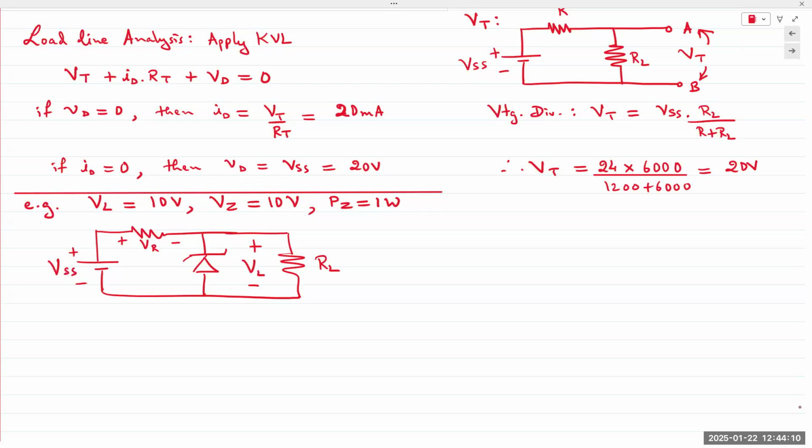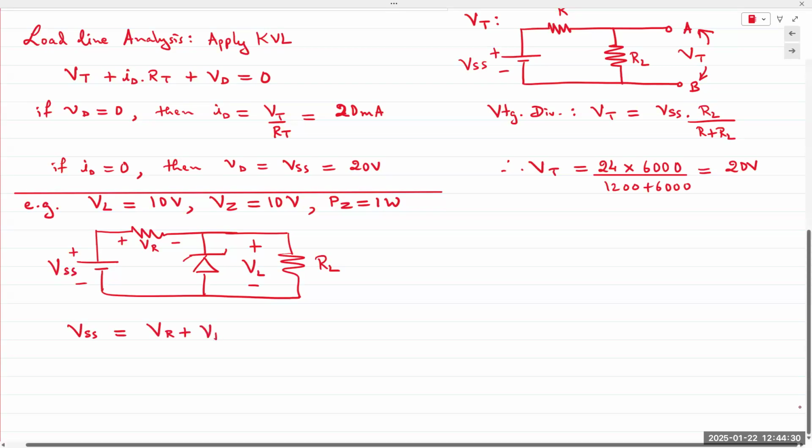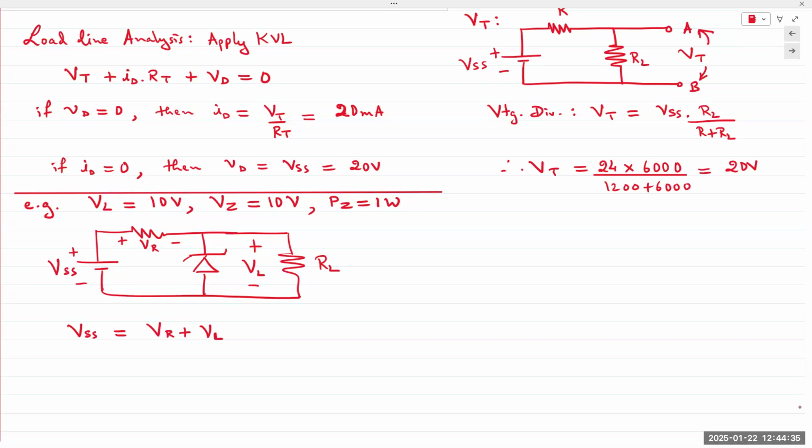So if we want 10 volts to be supplied to our load resistor, we can calculate the minimum voltage that is required to turn it on, and that would be VSS is equal to VR plus VL. The supply voltage is split across the series resistor and the parallel combination of the Zener diode and the load resistor. So far, so good.